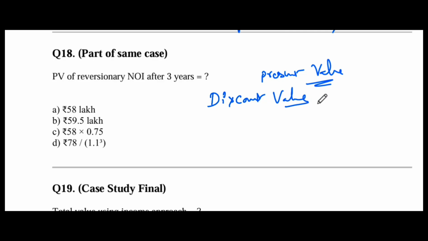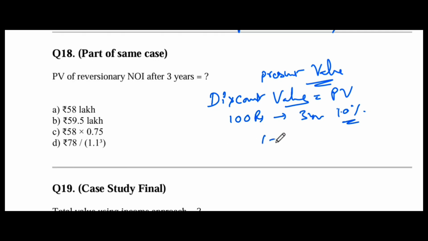The discounted value will be the PV, right? For instance, if I invest 100 rupees in bank for 3 years, how much will I get? Say consider 9% or 10% capitalization rate of return.